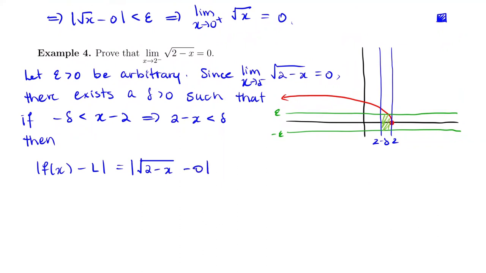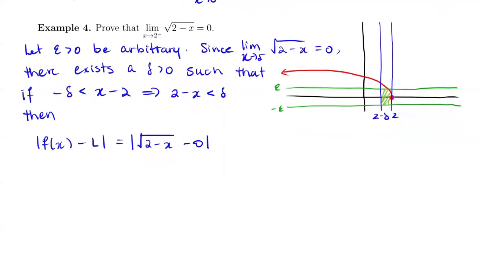So the square root is always going to be positive, so I'm just going to use the positive version. I don't need the absolute brackets here. So now we have the square root of 2 minus x.